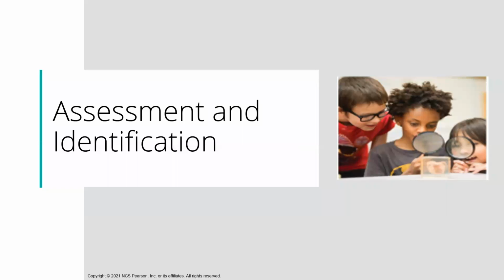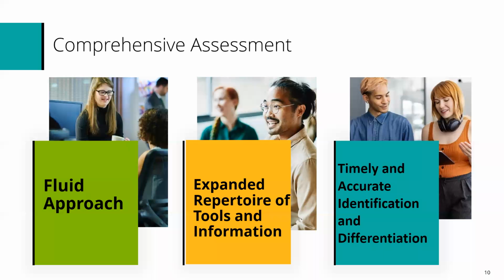Okay, so let's move over to assessment and identification. As mentioned, mental health issues need to be better identified in school settings so struggling students can get needed services and supports. Timely and accurate identification requires application of what we are considering two best practices to move from the tradition of relying on clinical assessments that have static psychometric properties to the application of a more fluid approach to identification and intervention.